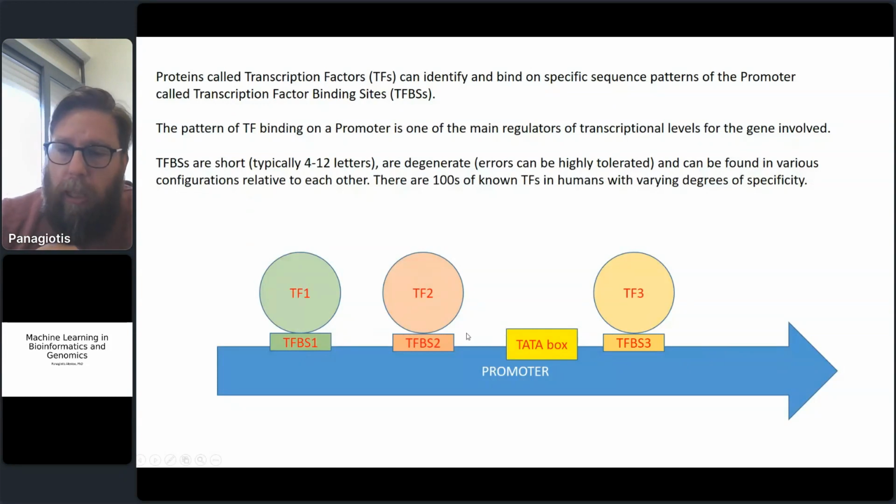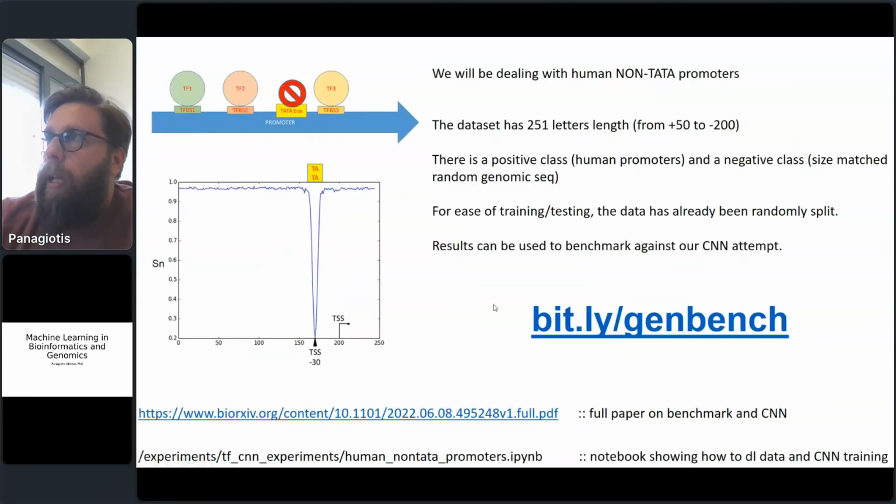The Tata box is a very well conserved part of the promoter found about 30 letters upstream of the start of the gene, and it has a very characteristic sequence that is TA.